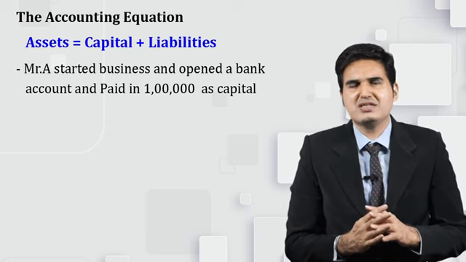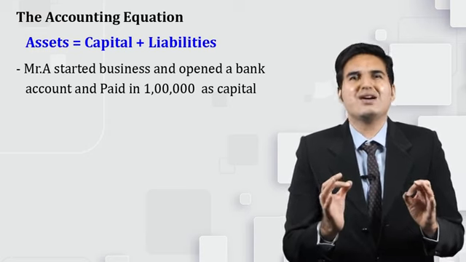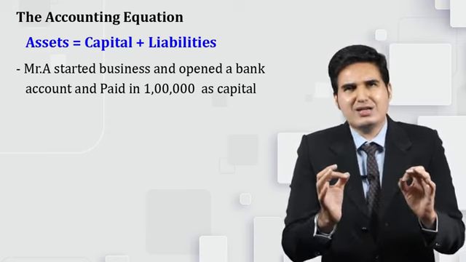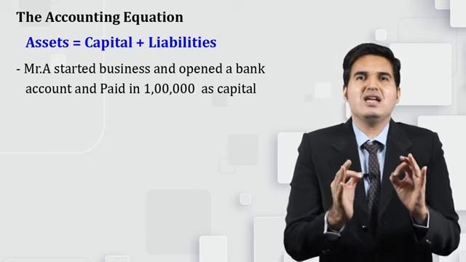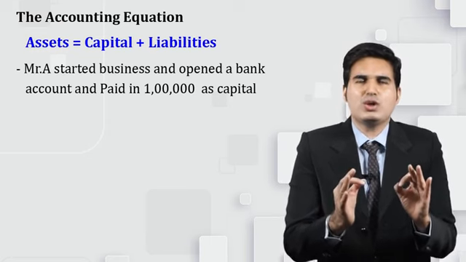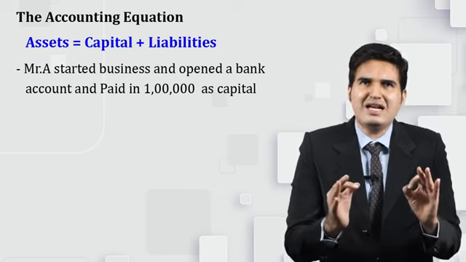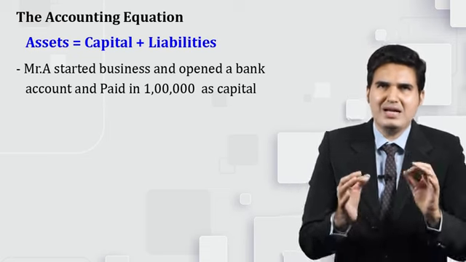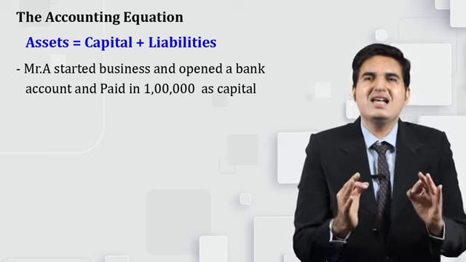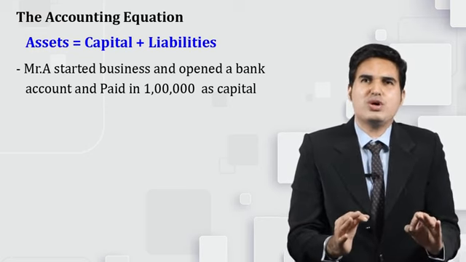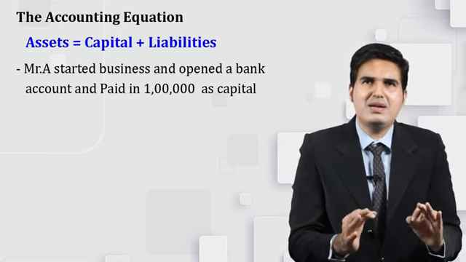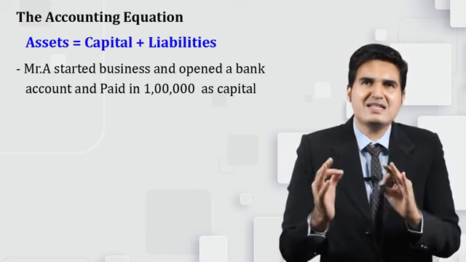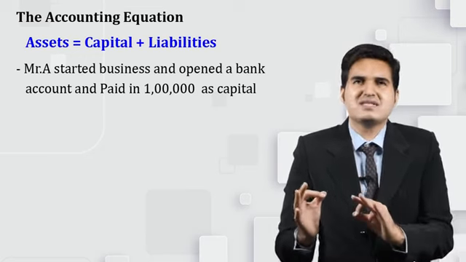Now the question is, to whom does this bank account belong? The bank account is registered in the name of the business organization started by Mr. A. And the second question is, who is Mr. A?